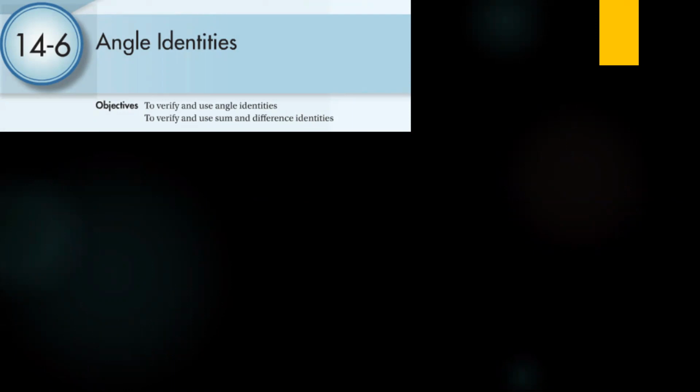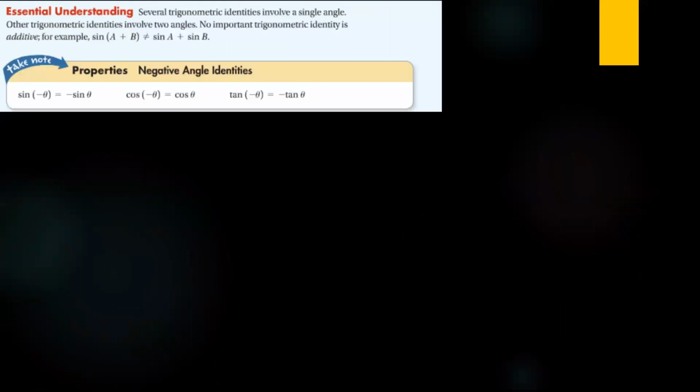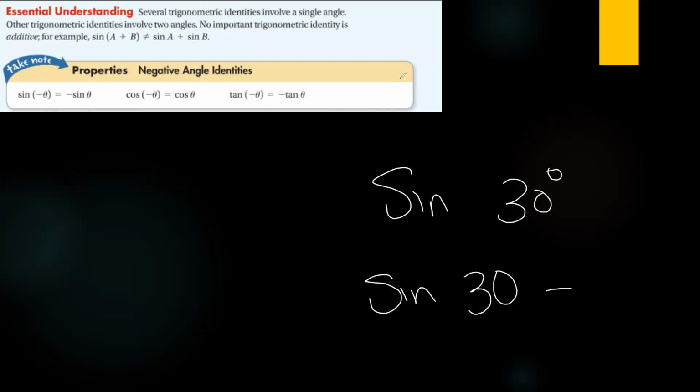Now, some of the trigonometric ratios are written in a single angle and some of them are written in two angles. Sometimes you will see sine of 30 and sometimes you see sine of 30 plus 50, as an example.